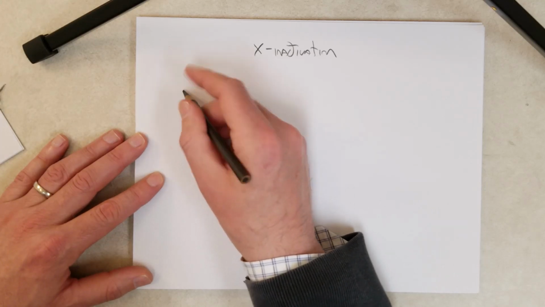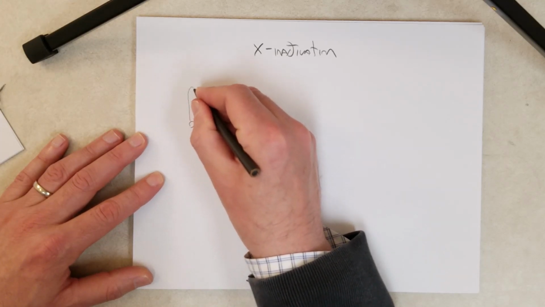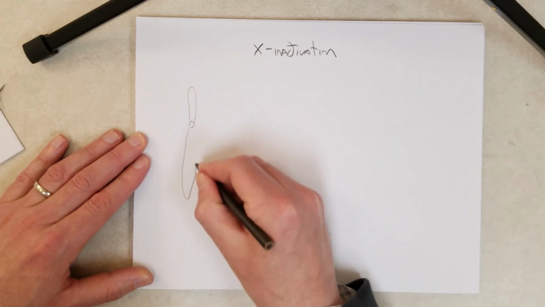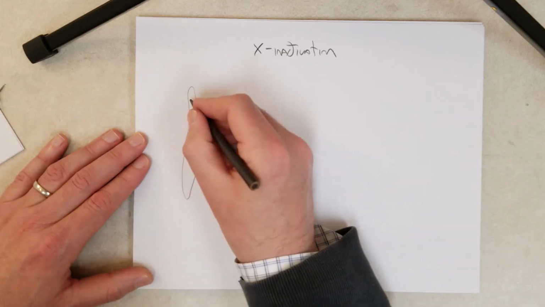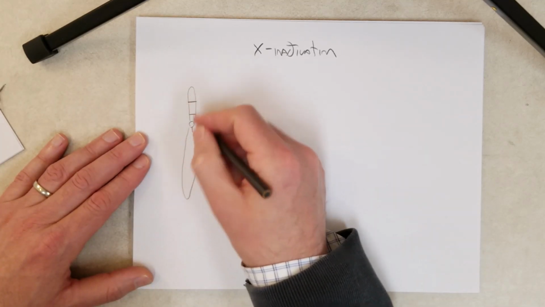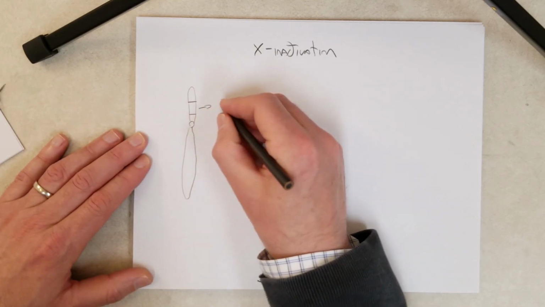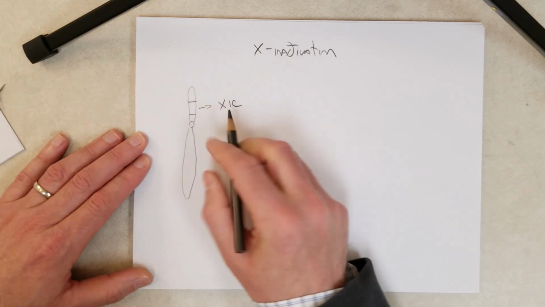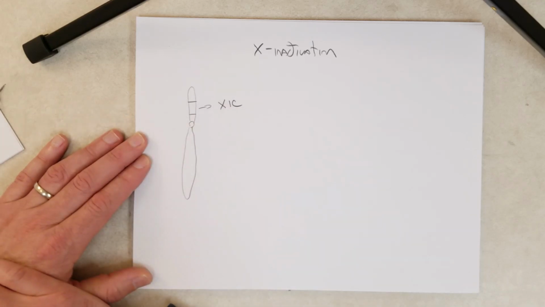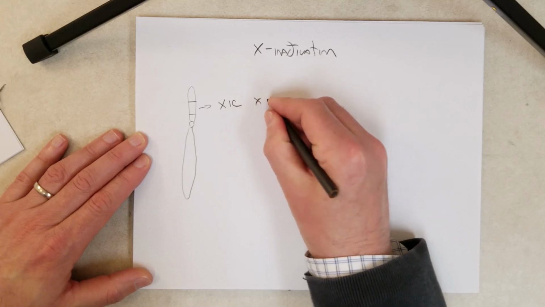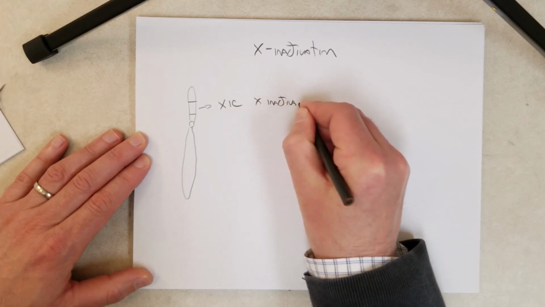So let's say this is our X chromosome right here. And I'm just going to pick a random location on this diagram of the X chromosome. And we're going to call this area right here XIC, for X inactivation center.